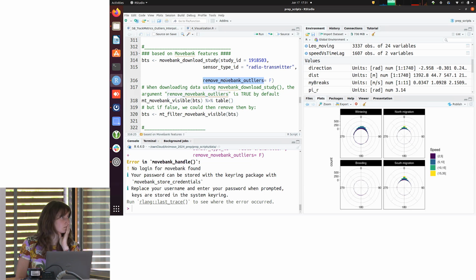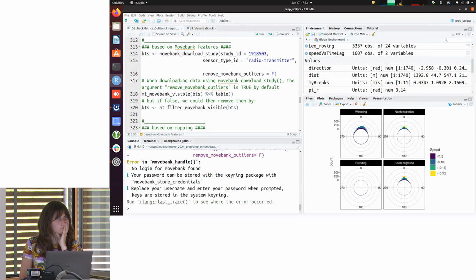But maybe you downloaded it and then you actually agree with the removed ones, or you want to compare how you removed them and what was removed in Movebank. Then you can just use the mt_filter_movebank_visible function and remove those that were marked as visible false. You're probably not going to use it often, but it's just there if you would like to use it.